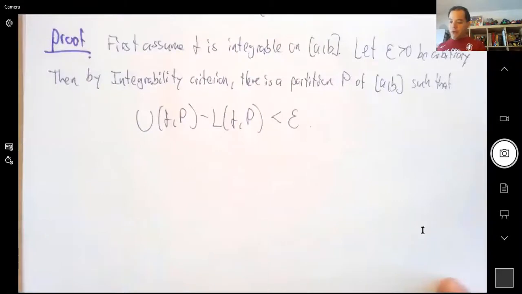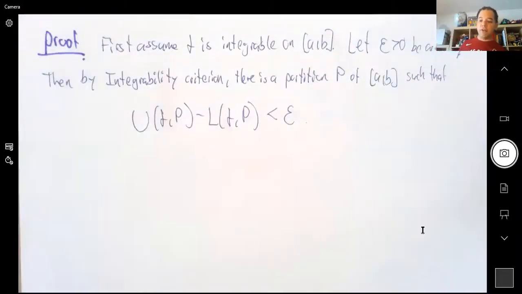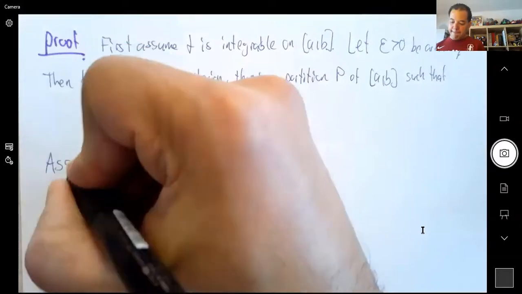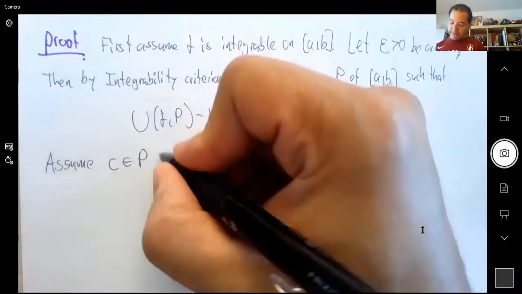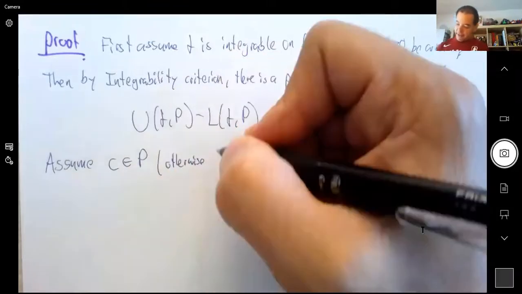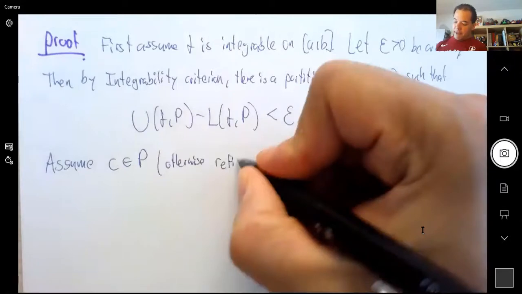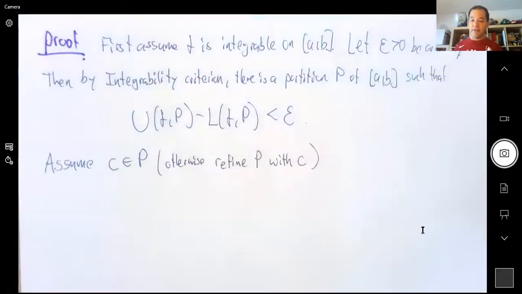Now I'm going to assume C belongs to the partition, and if C does not belong to the partition, then add C to the partition. So assume C belongs to the partition. Otherwise, refine P with C. If it's not there, then put it in, right?